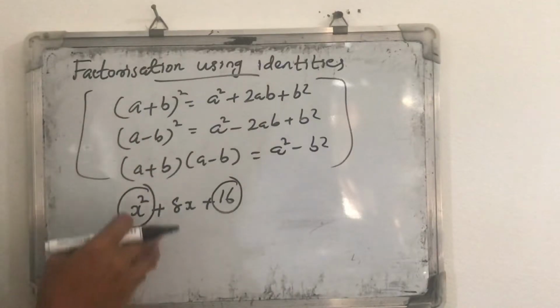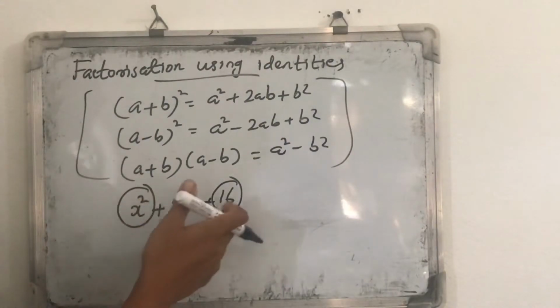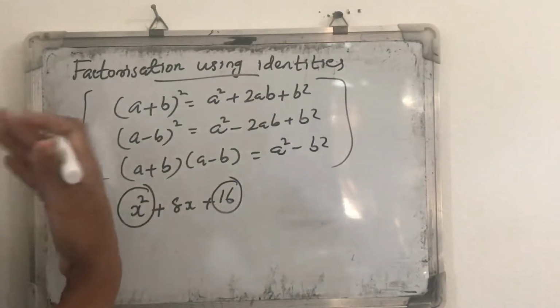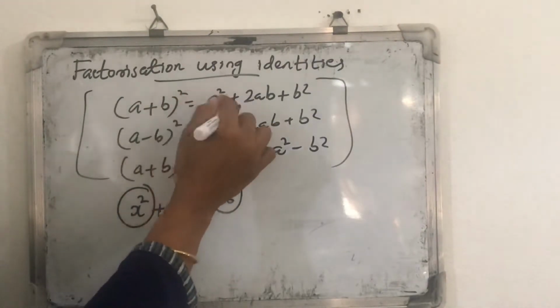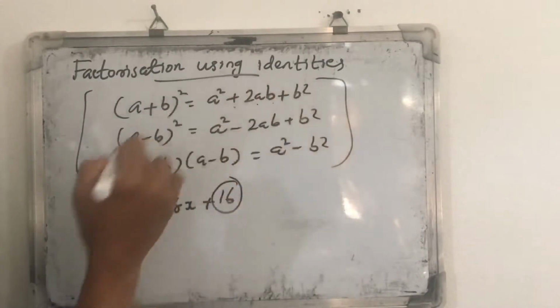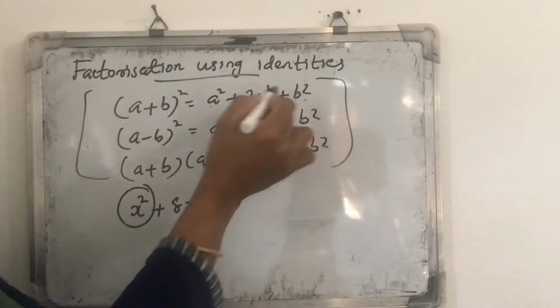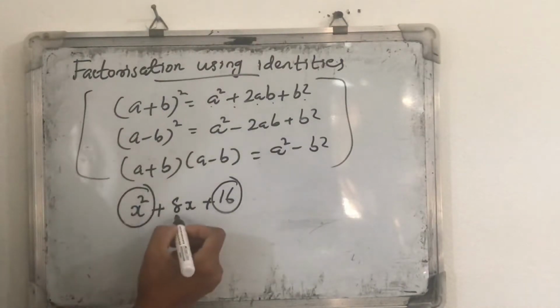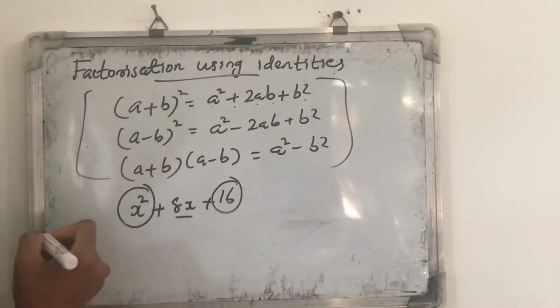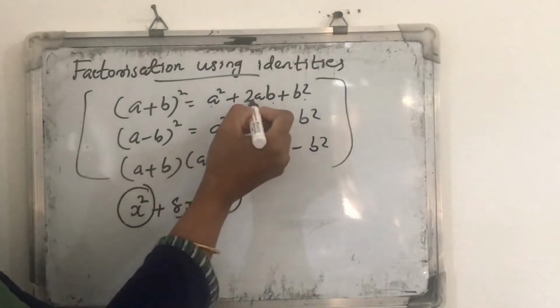Then we can change this expression into the form of (a plus b) whole square. We know (a plus b) whole square is equal to a square plus 2ab plus b square. That is, the first and the third terms are perfect squares. And we want to check whether we can write the second term, 8x, in the form of 2ab.